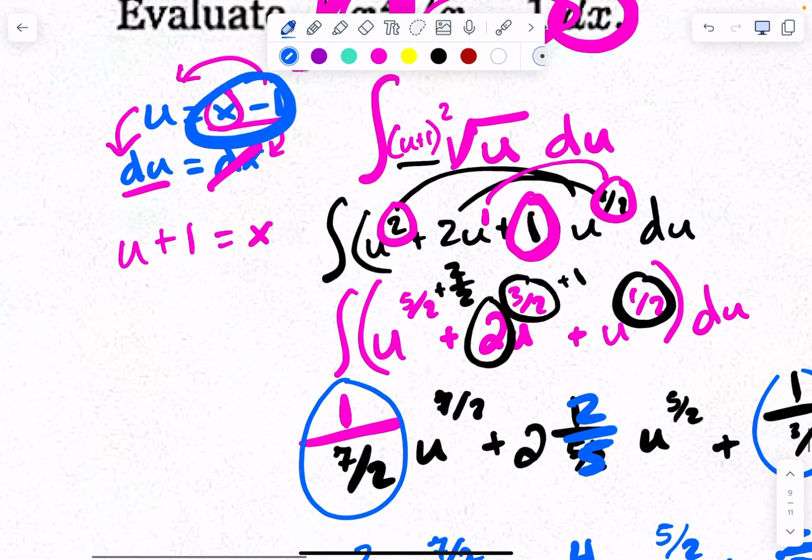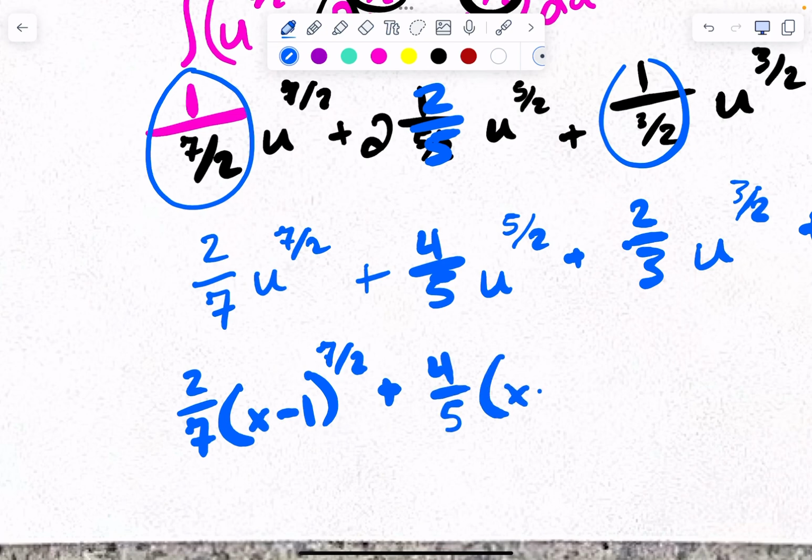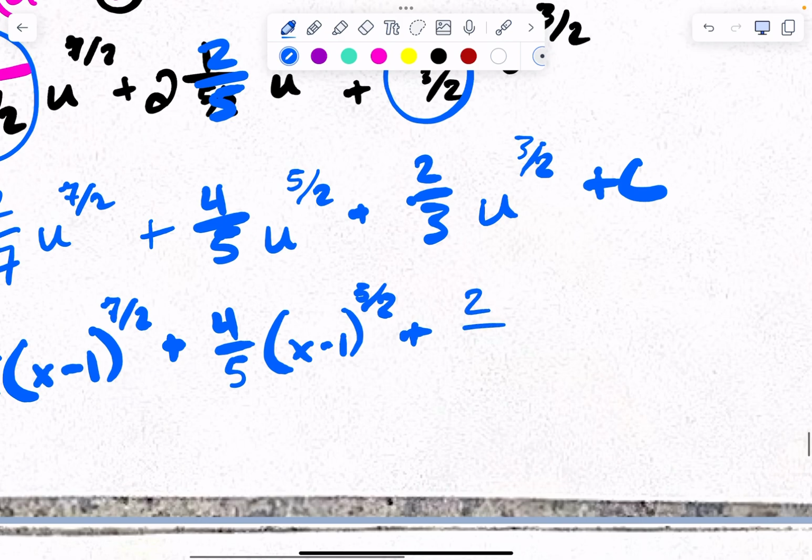U is x minus 1. So 2/7, x minus 1 to the 7/2 plus 4/5, x minus 1 to the 5/2 plus 2/3, x minus 1 to the 3/2 plus c.